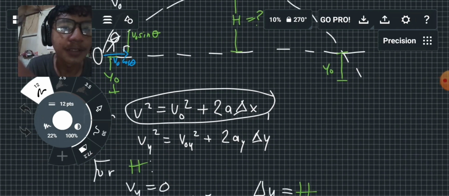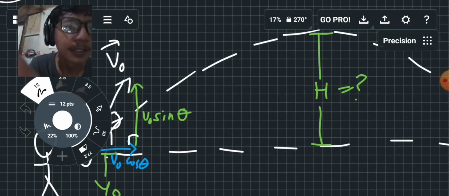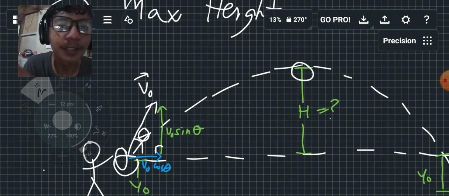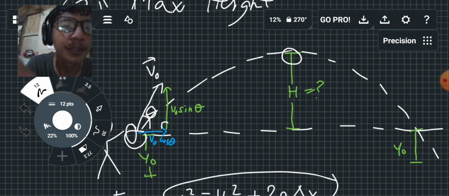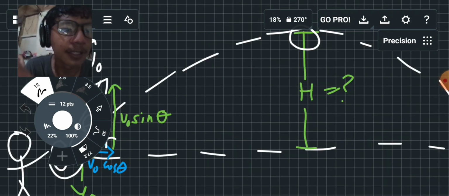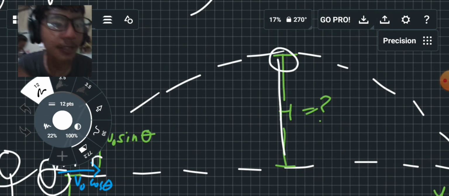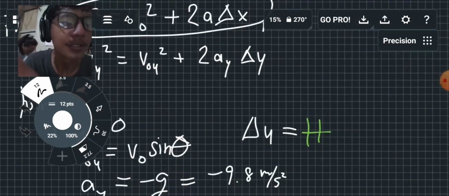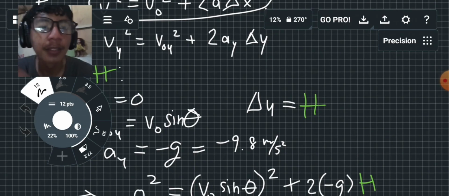It's pretty obvious, since this is the position and this is the initial position, and it is literally this length we are trying to know, then change in y should be h.